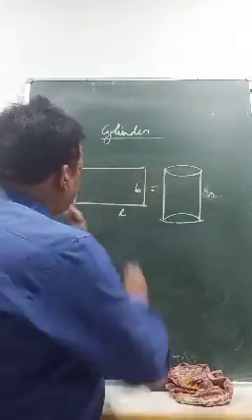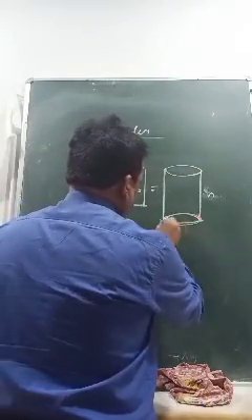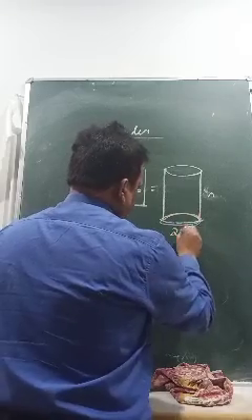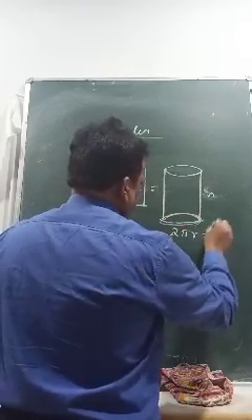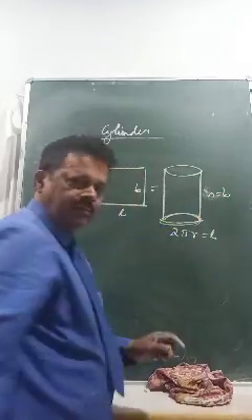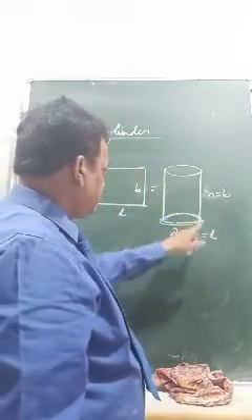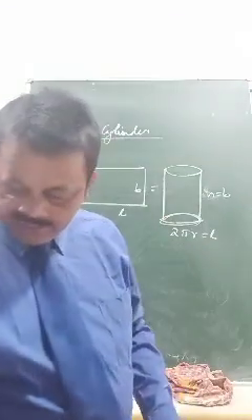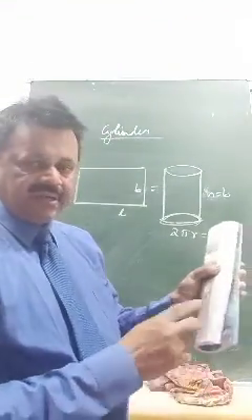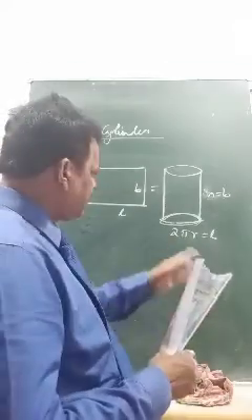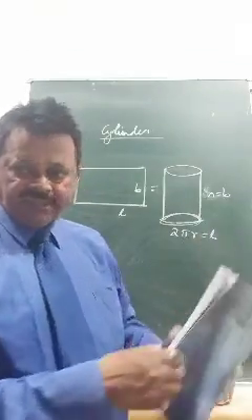Then when you are folding it, that becomes a circle. This becomes 2 pi r. Which one? L is folded here. This is your B. B becomes height when you fold it. So one side becomes a circle, the other side becomes height.